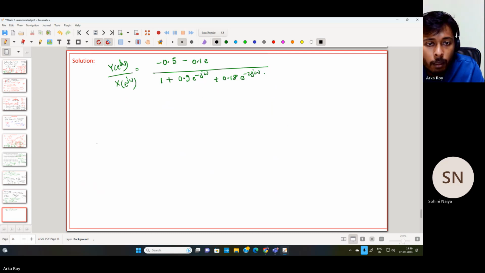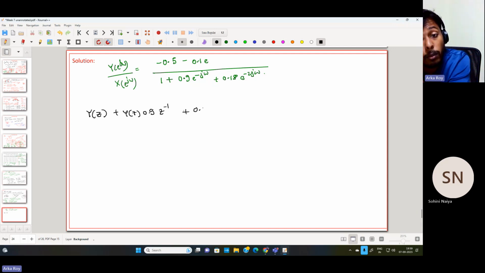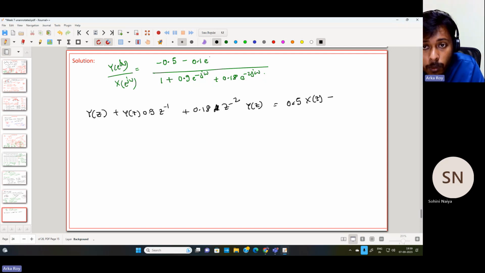So now I am writing in terms of z. So Y(z) plus Y(z) 0.9 z to the power minus 1, then 0.18 z to the power minus 2 Y(z), equals 0.5 X(z), and over here it was minus j omega, so z to the power minus 1, 0.1, and then X(z).